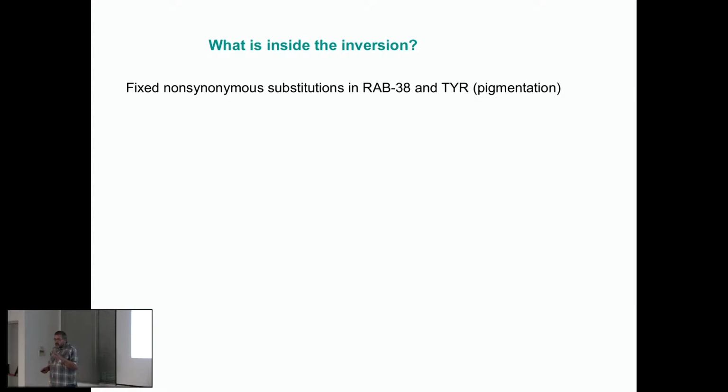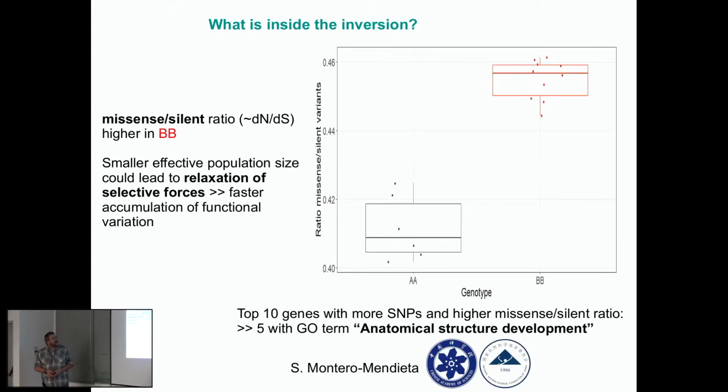But we are now working on things, trying to look with more detail into this, and we see that there are other things. If we look at the entire fragment, we could look at SNPs at variable positions within the inversion only, and look at which ones are within genes, which ones are responsible for changes in the protein, and which ones are synonymous.